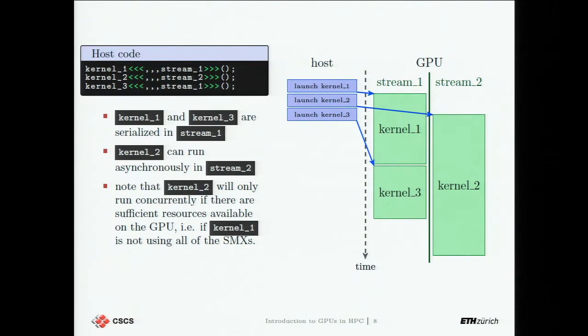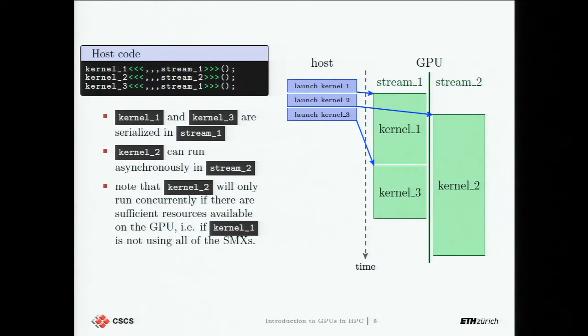Here's an example of launching three kernels, kernel 1, 2, and 3, in two different streams. The first kernel goes into stream 1, the second kernel goes into stream 2, and then the third kernel goes back into stream 1. Here we see a potential scenario of what might happen.